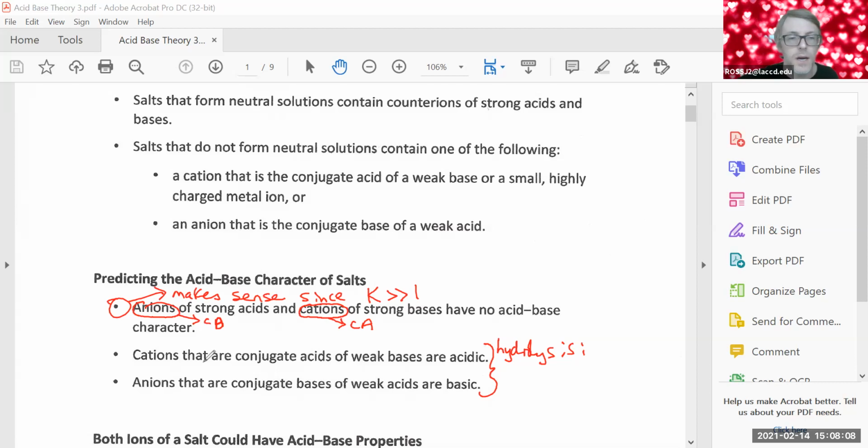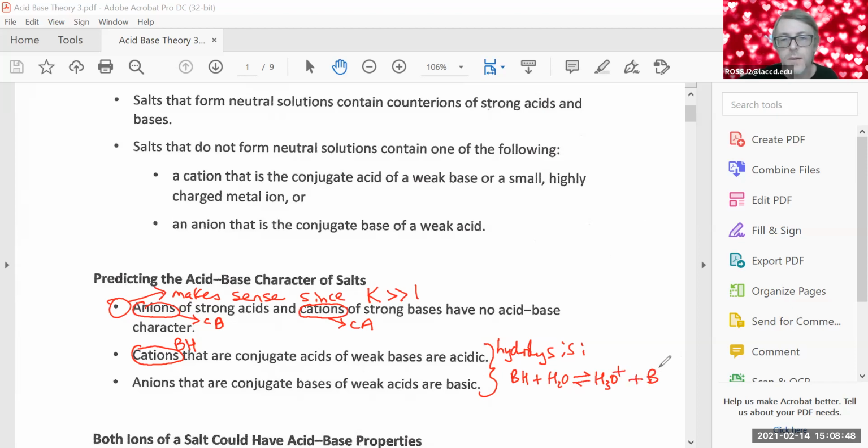So this would be, so a weak base, this cation would be the base that picked up the H. So that would be BH plus water to give H3O plus and the base again.